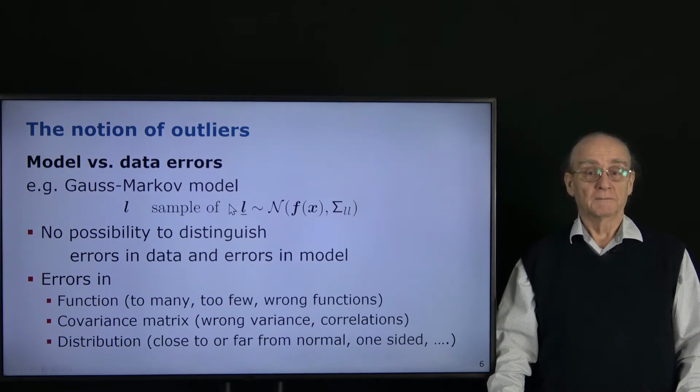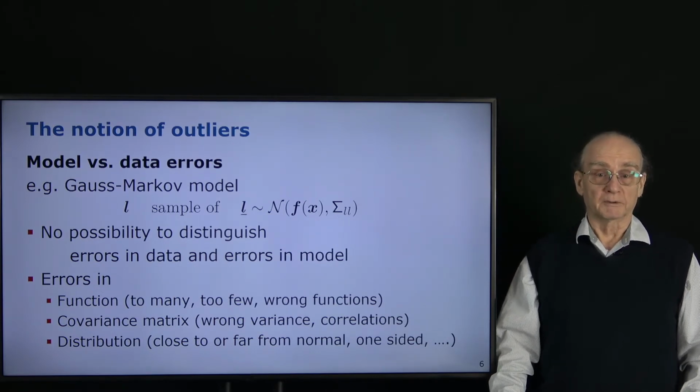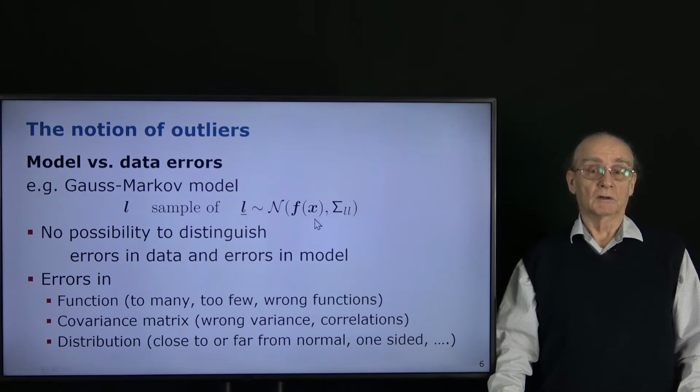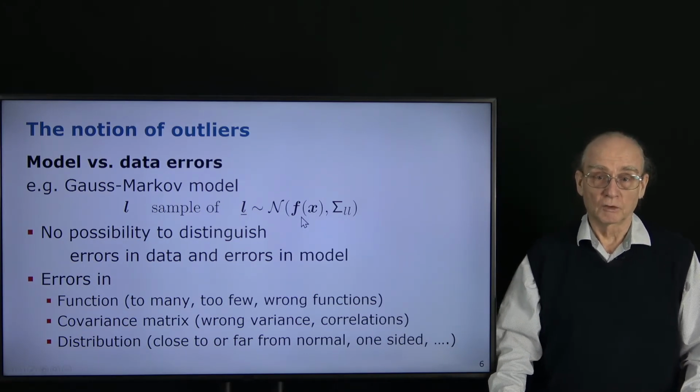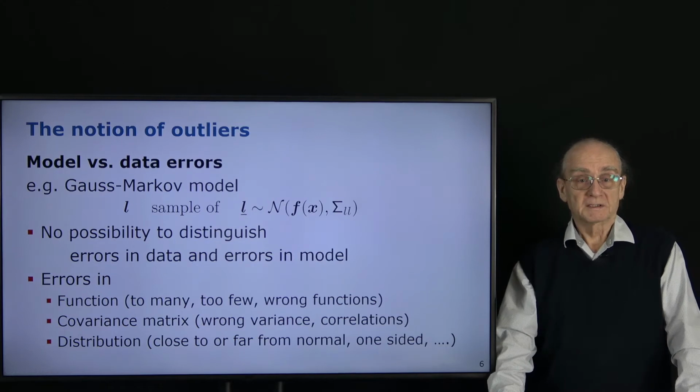It could be outliers in the observations, but it also could be that the model is just wrong. What does that mean? The model might say it's a similarity, but in reality it's a pure rotation. So we might have too few parameters, or too many parameters, or we just model the similarity in a wrong way. The second is that the covariance matrix may be totally wrong.